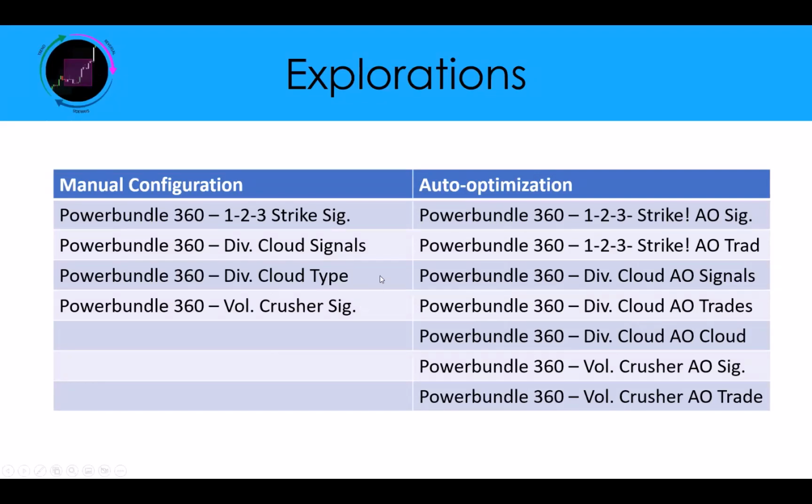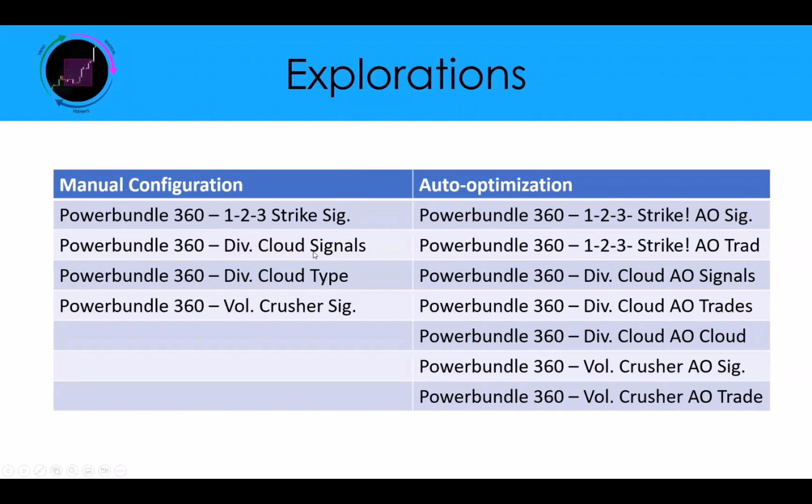Well, in a nutshell, for divergence cloud, as we will see in just a bit, we not only have divergence cloud entry signals, but we also have the cloud color that we can scan for, which is this scan here. So we can scan whether we currently have, for a particular symbol, a bearish divergence or a bullish divergence or no divergence at all. And this can be performed with this scan here, the div cloud type scan or exploration.